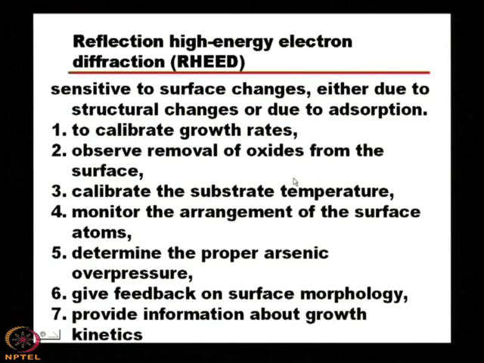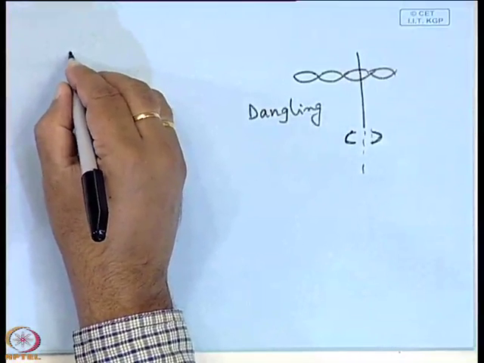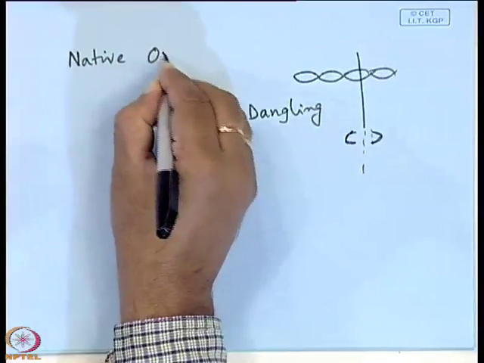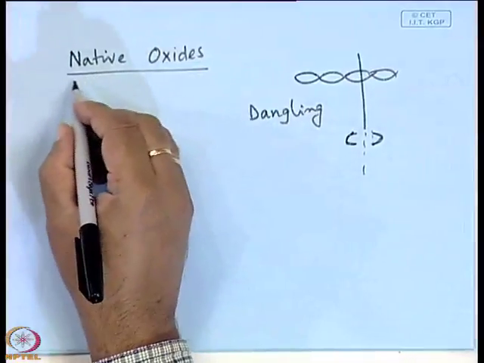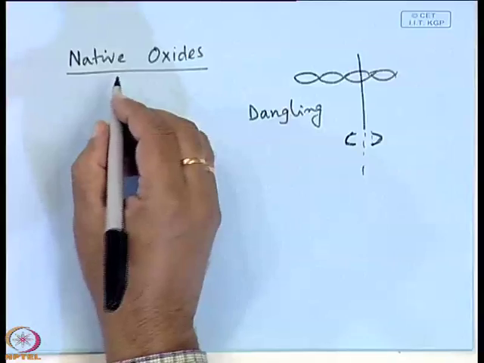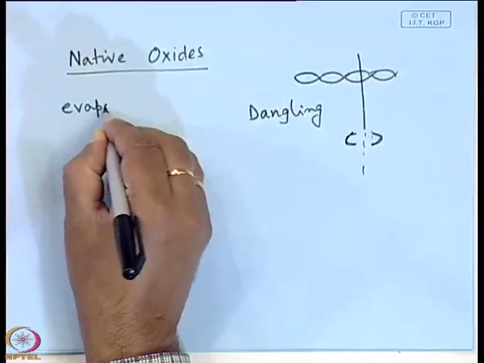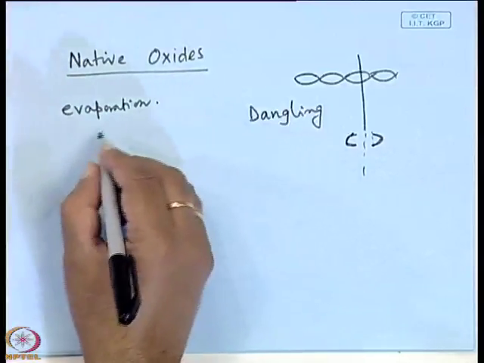Okay. So, now how to remove the oxide? You see that native oxides can be decomposed, and can be removed by one process, which is evaporation.